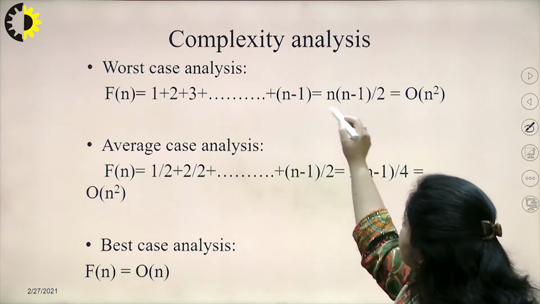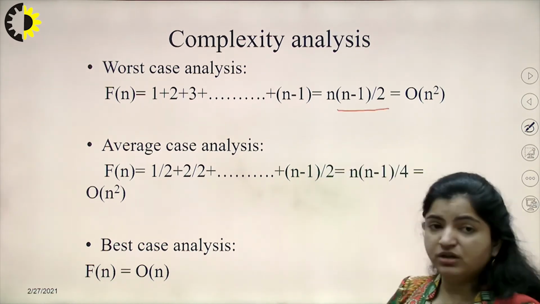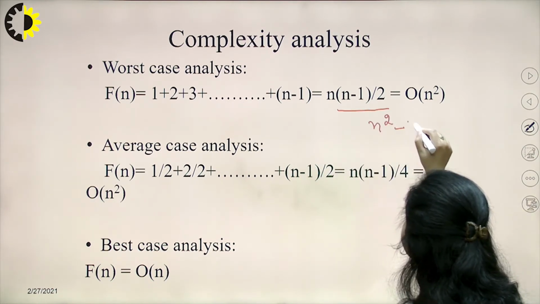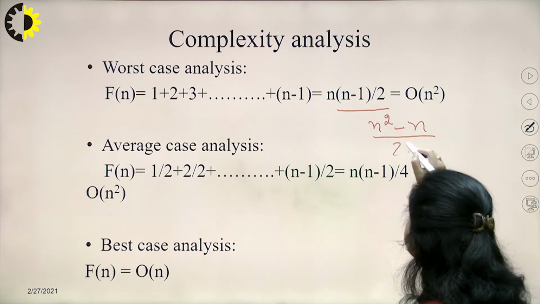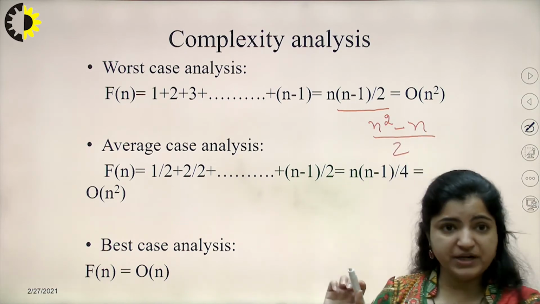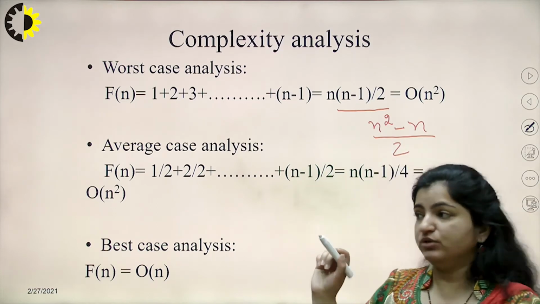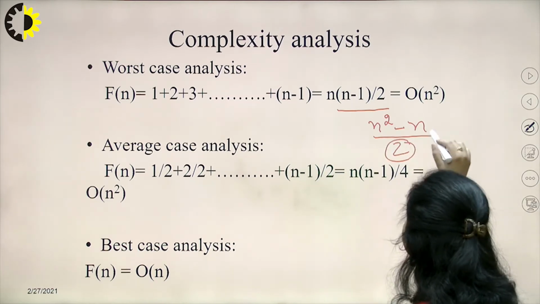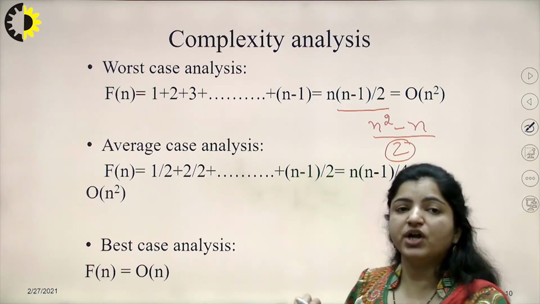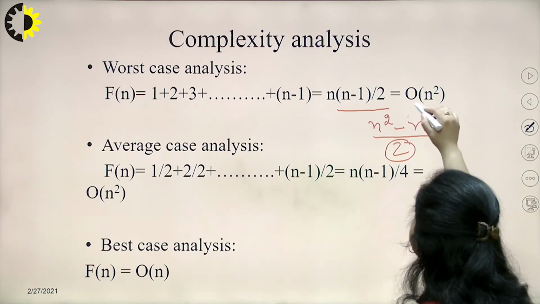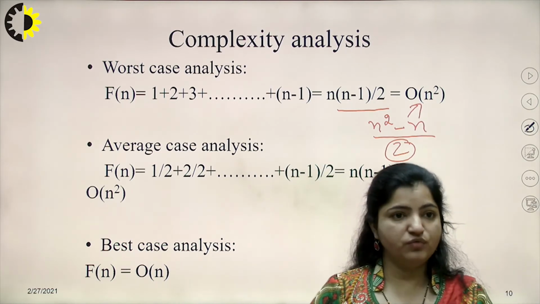When we solve this, we get n square minus n by 2, so it is n square by 2 minus n by 2. We always ignore the constant values, so this 2 is ignored. We are left with n square minus n, and the highest term is n square. That's why we get the complexity big O of n square.